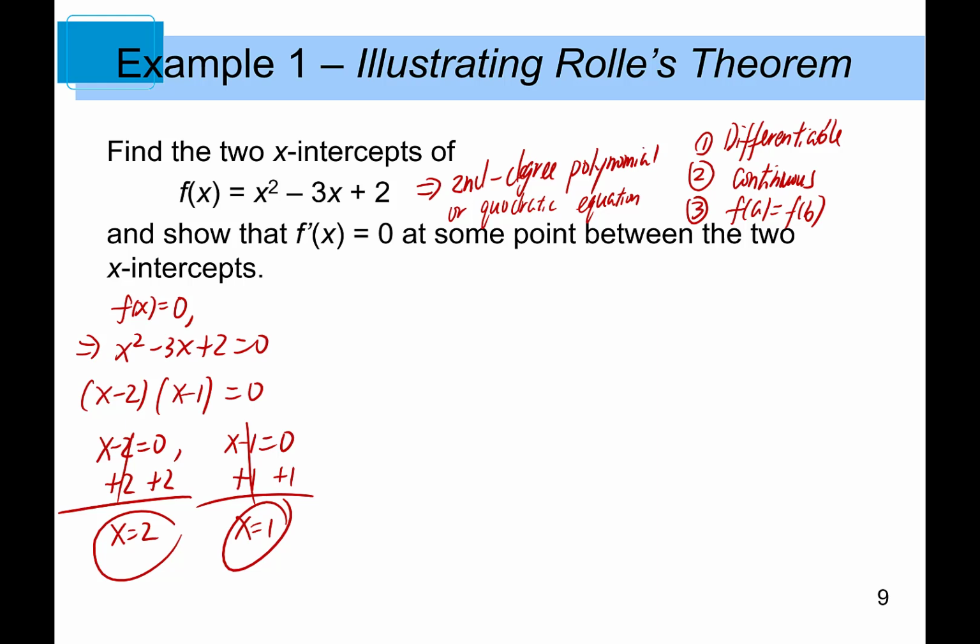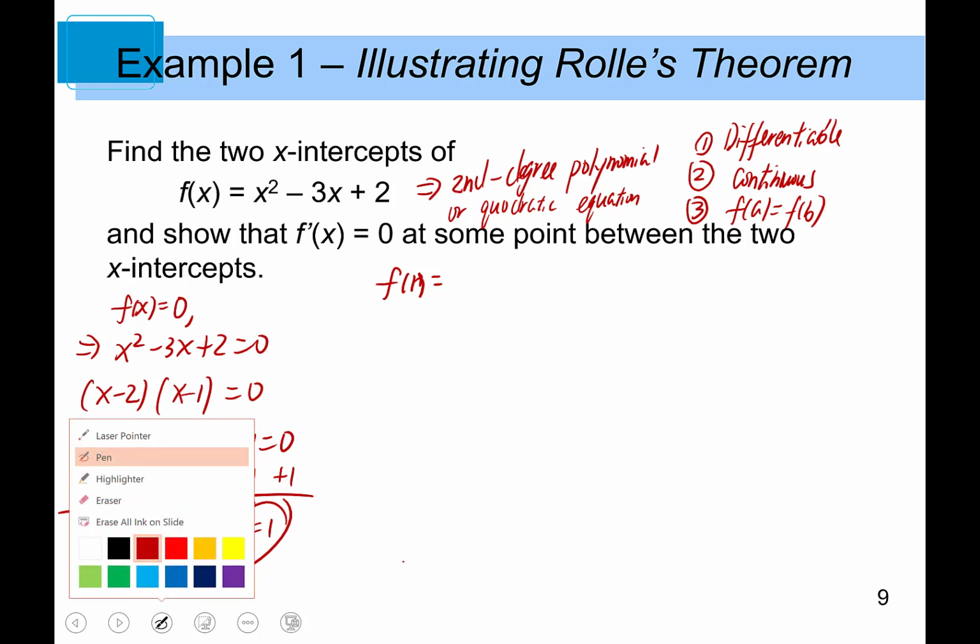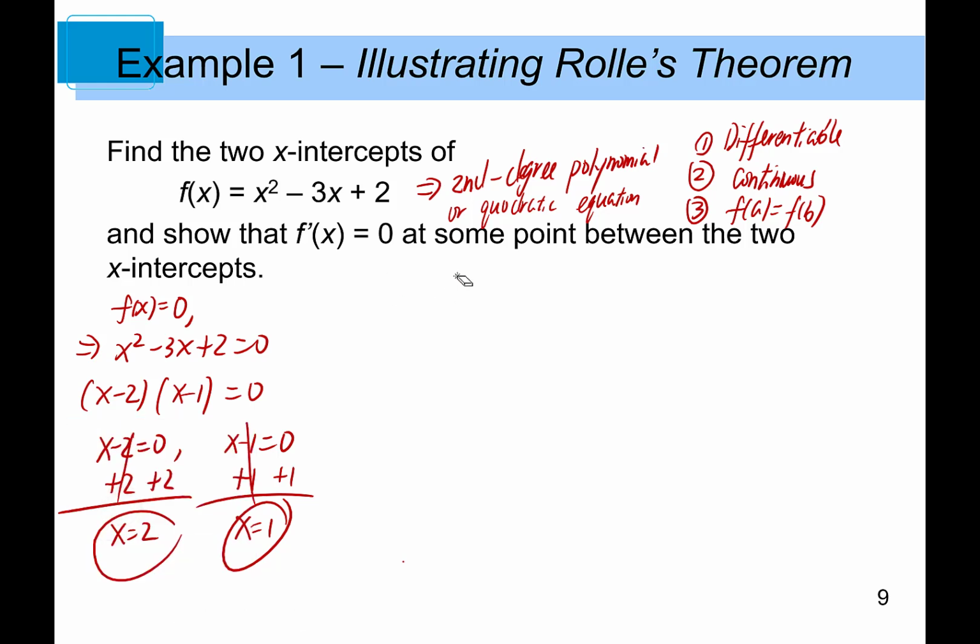So let's see what f(1) is. This is f(a). Let's see if it equals f(2). f(1) equals 1 squared minus 3 times 1 plus 2, which equals 0, right? f(2) equals 2 squared minus 3 times 2 plus 2, which is also equal to 0.